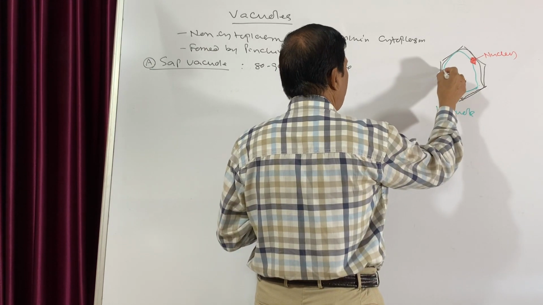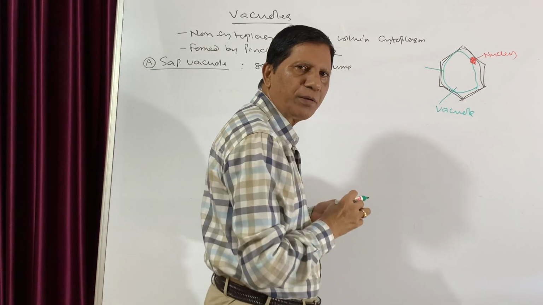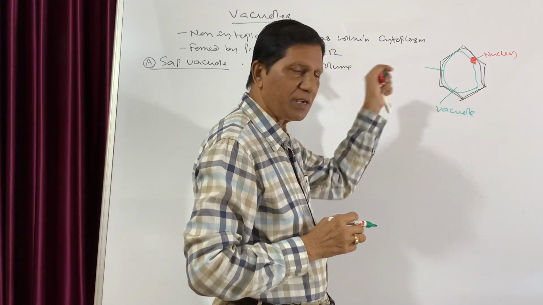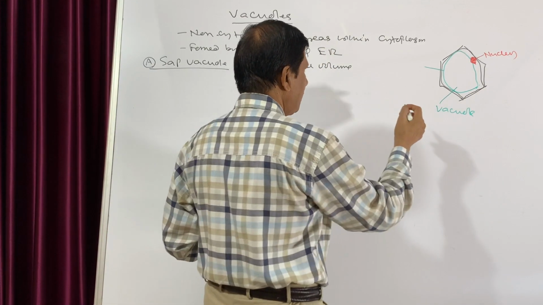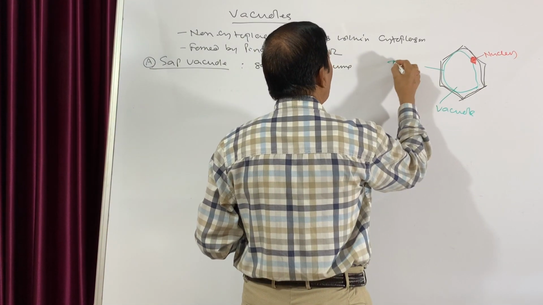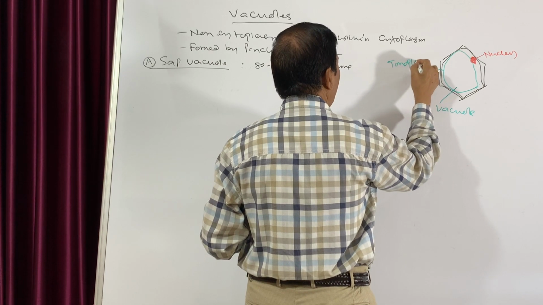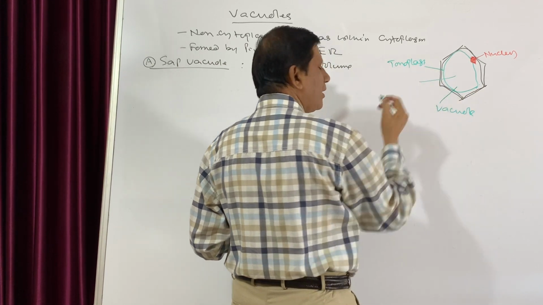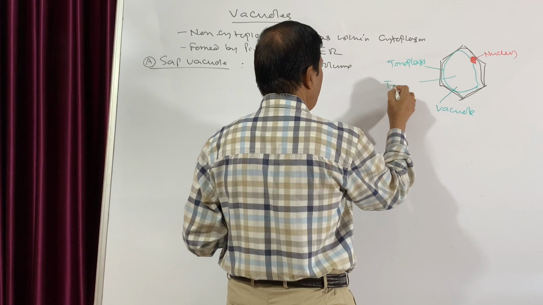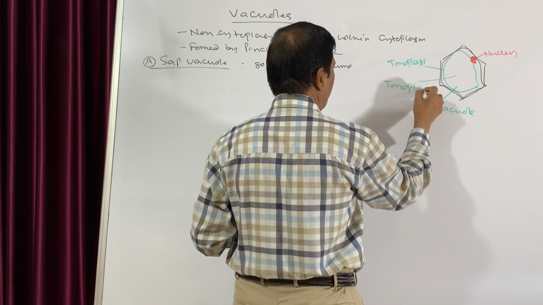This membrane which separates the cytoplasm from the vacuole is known as the tonoplast, while the inner contents are known as the tonoplasm.